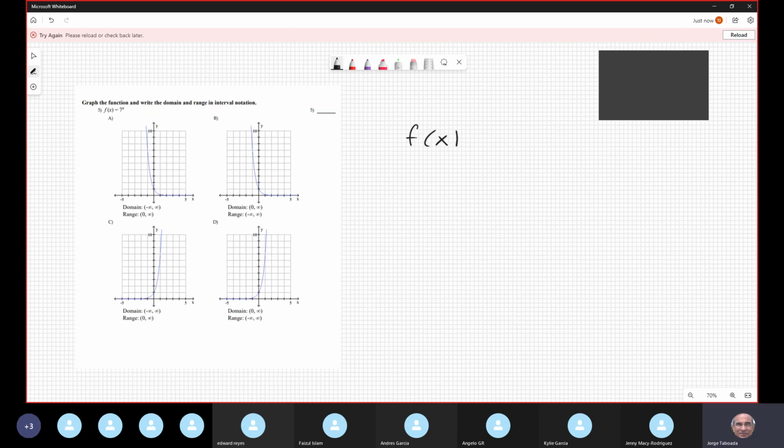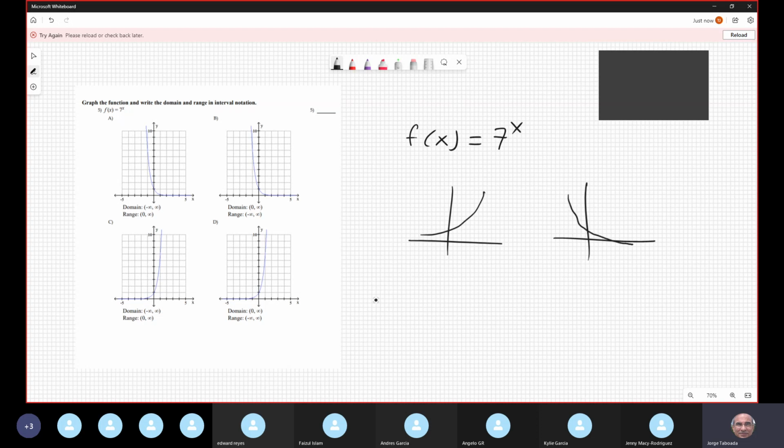It's f of x equal 7 to the x. Okay, so we know we have two kinds of the exponential. We have exponential growth and exponential decay, no? This is exponential growth, and this is exponential decay.